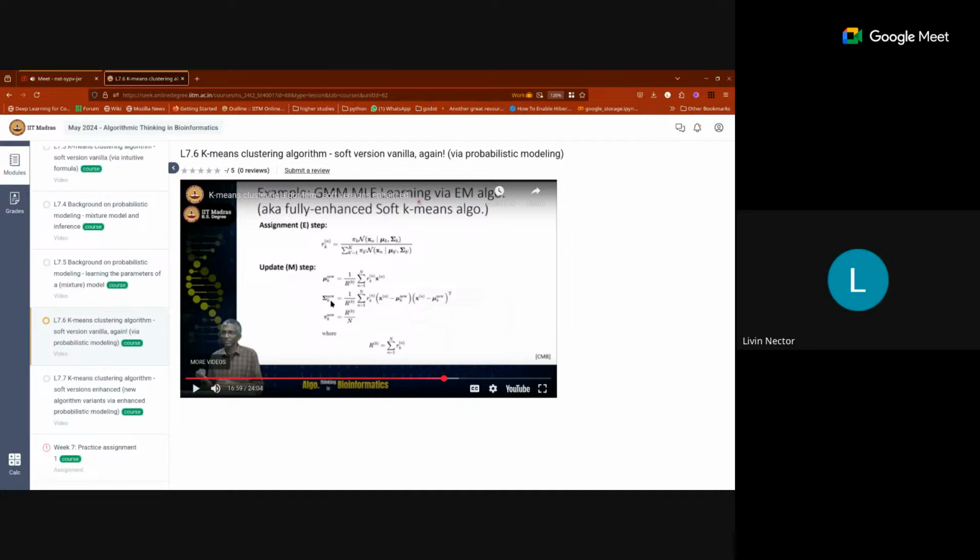You can have a diagonal covariance matrix, a unit covariance matrix, a spherical one, or the full matrix. Everything we can have. So the equations of the normal distribution will change from the univariate normal distribution to the multivariate normal distribution.